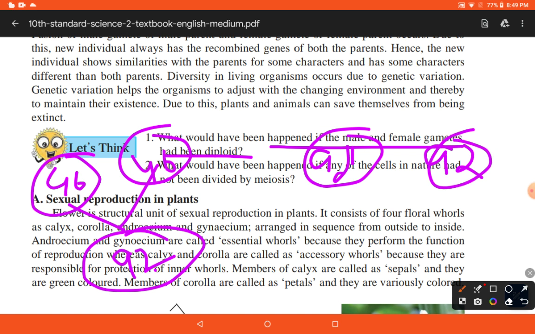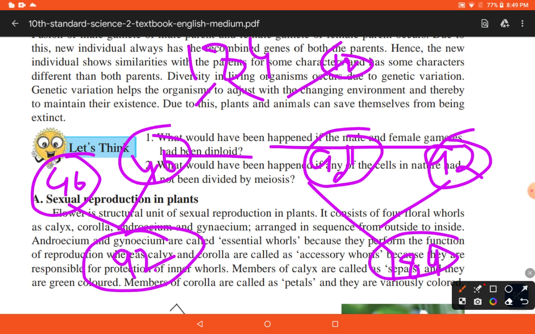So they will fuse, and what will form? They will form 184. Okay, then 184 one will come. It will give 184 two times, and then, so what do you see here? Every time, generation to generation, the number of chromosomes will start increasing, right? There will be no constant, no maintained proportion.